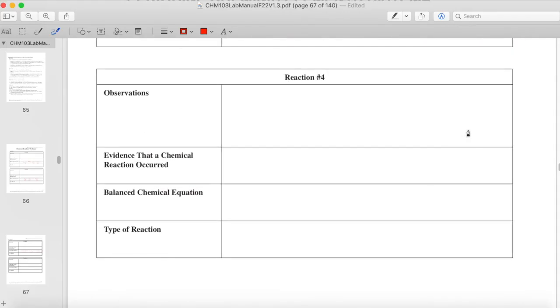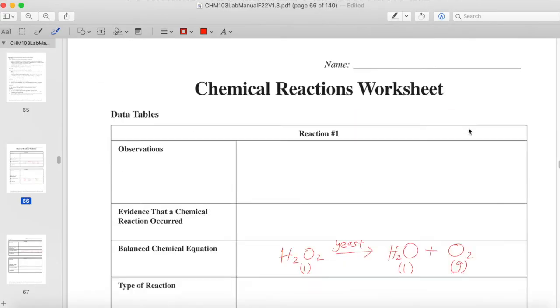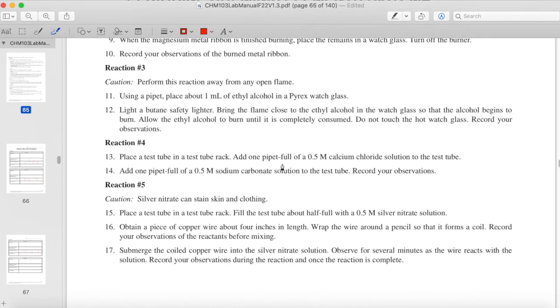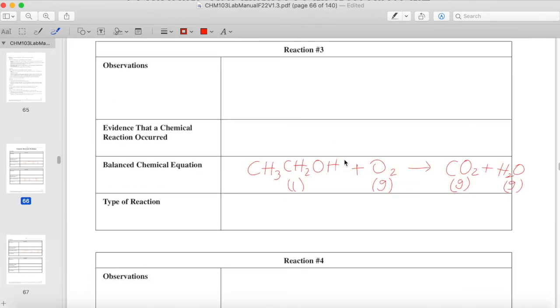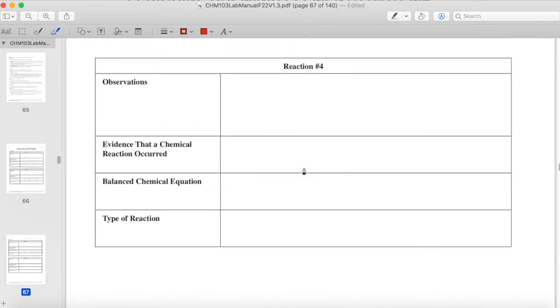All right, so reaction number 4, let's remind ourselves here. Looks like we have calcium chloride reacting with sodium carbonate. So let's go ahead and write that out for reaction number 4. So we had calcium chloride. Calcium is in group 2, so it has a 2+ charge.